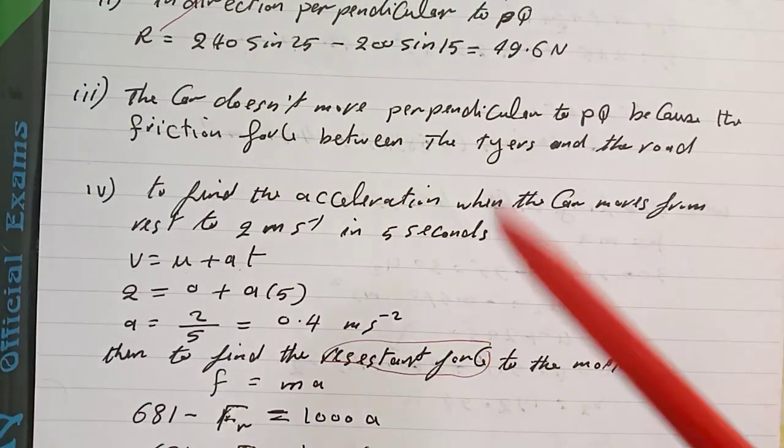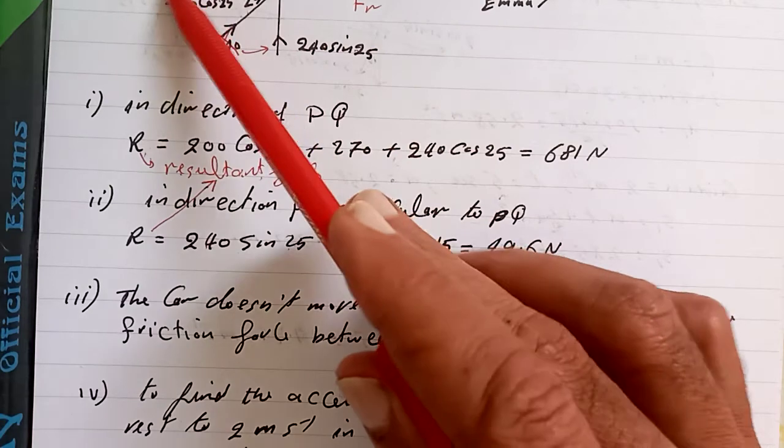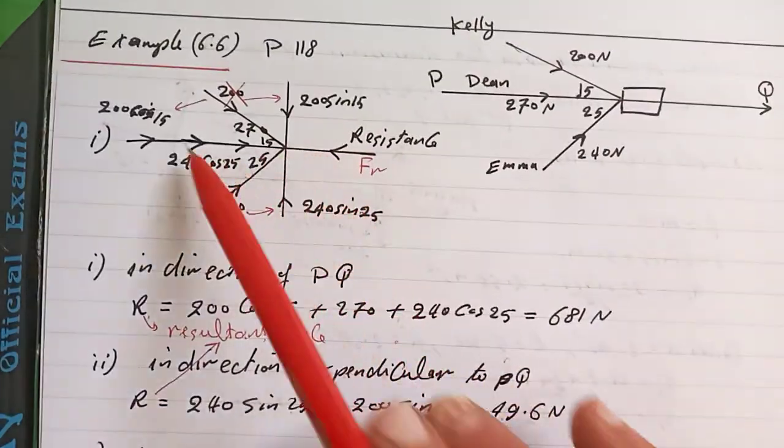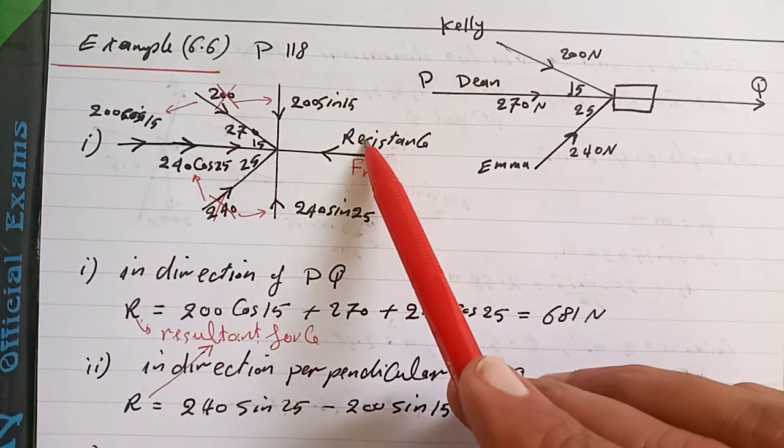I use this acceleration again when I say that this force works against this force. So I can say that this force minus this force equals MA.